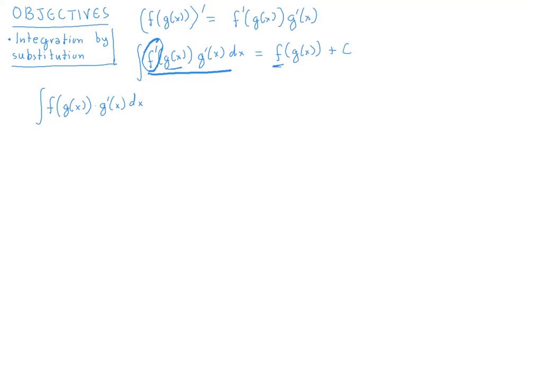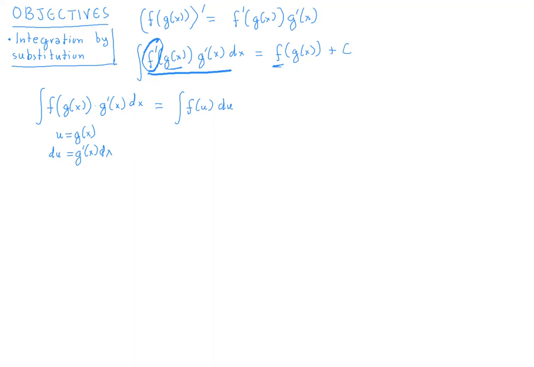And the way that this is expressed is we really try to hide the function g of x by replacing it by a new variable u. And formally speaking, du ends up being g prime of x dx. And so this ends up being the integral of f of u du, which is an explicit way of saying that our focus is on finding an antiderivative for the outer function.